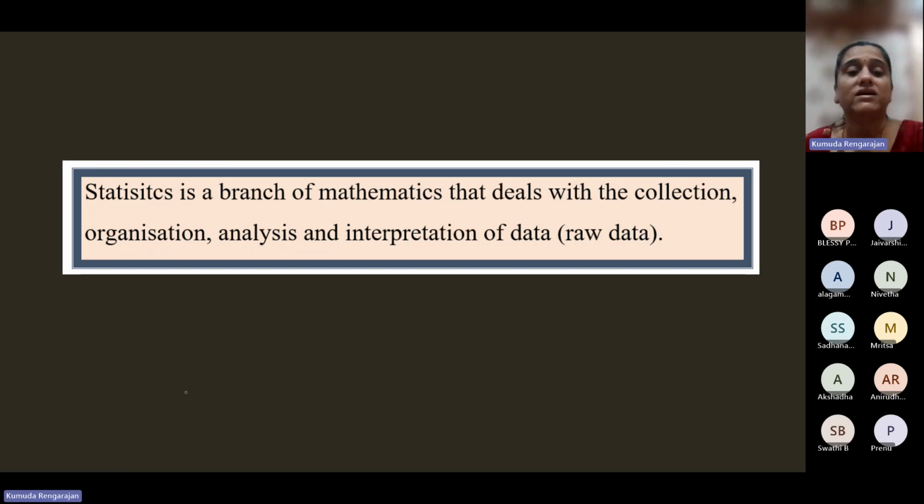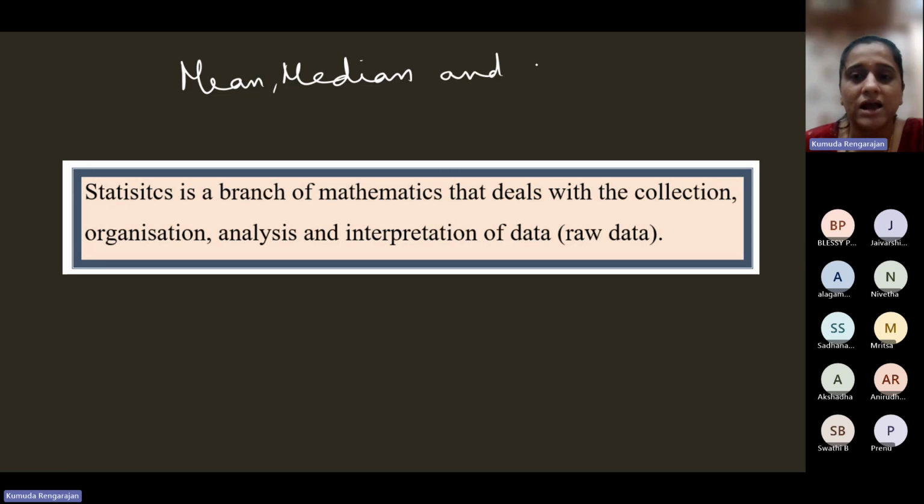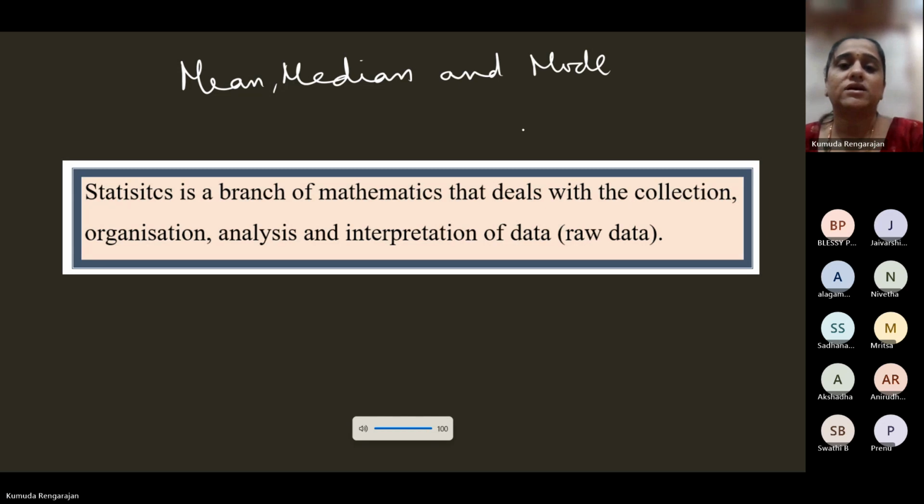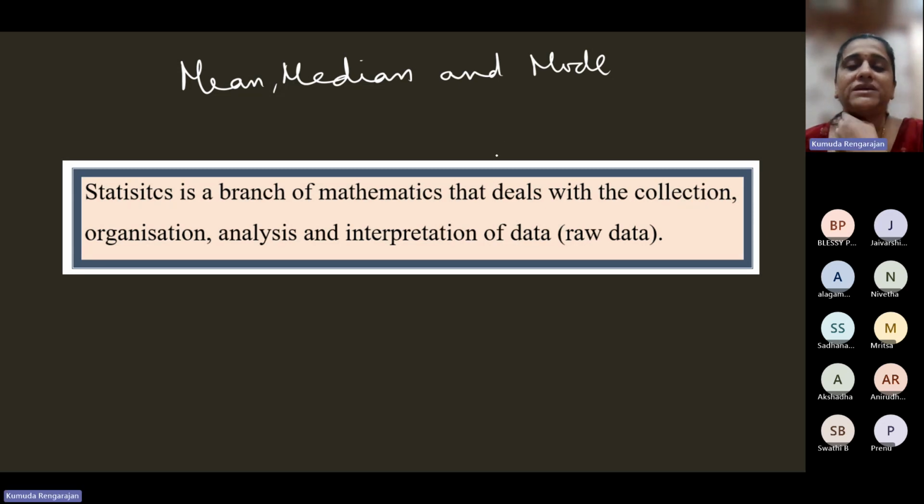Analysis of data is done using the 3 measures of central tendency, which you've seen in standard 9: mean, median, and mode.